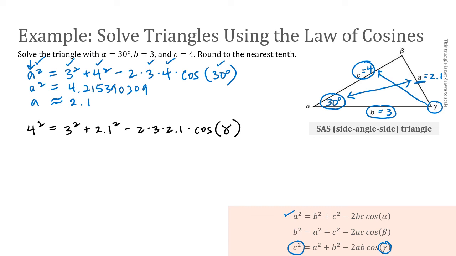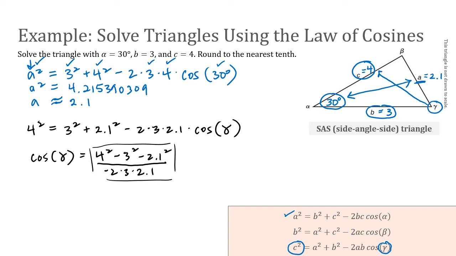Now, if I isolate that gamma, then I'm going to get that the cosine of gamma is equal to 4 to the second minus 3 to the second minus 2.1 to the second all over negative 2 times 3 times 2.1. Now, I'm going to put all of that into my calculator, and when I do that, I got that the cosine of gamma was approximately equal to negative 0.22.